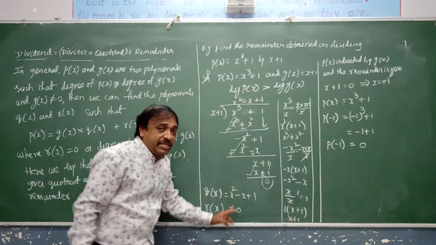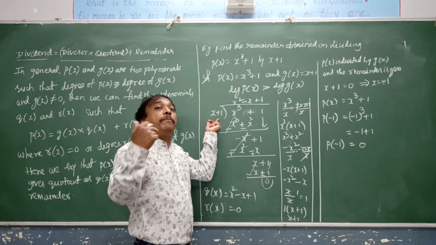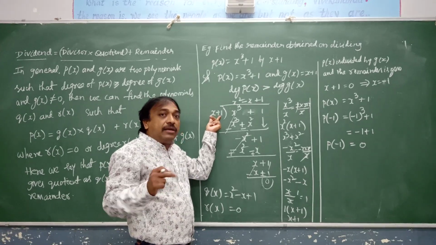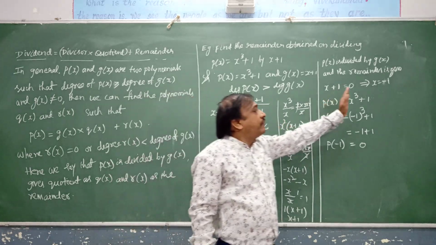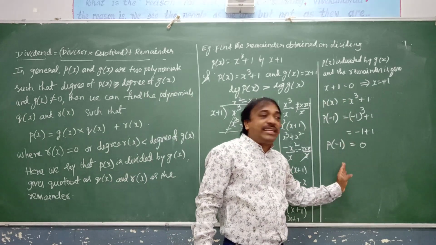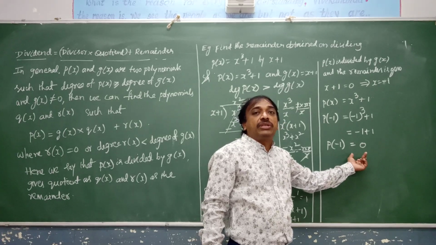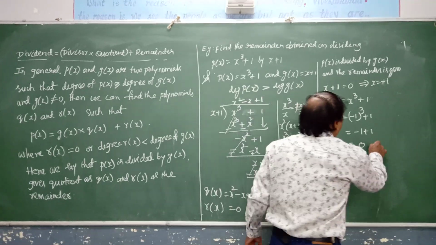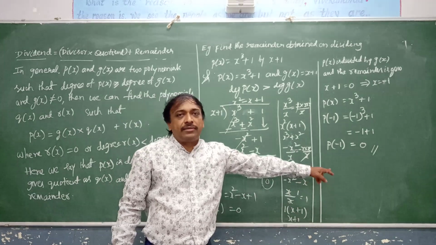This is the division method, and we are finding the zero of the polynomial g of x. That value we are substituting in the dividend, then we obtain the same: the remainder is equal to 0. P of minus 1 is equal to 0. Is it clear, children?